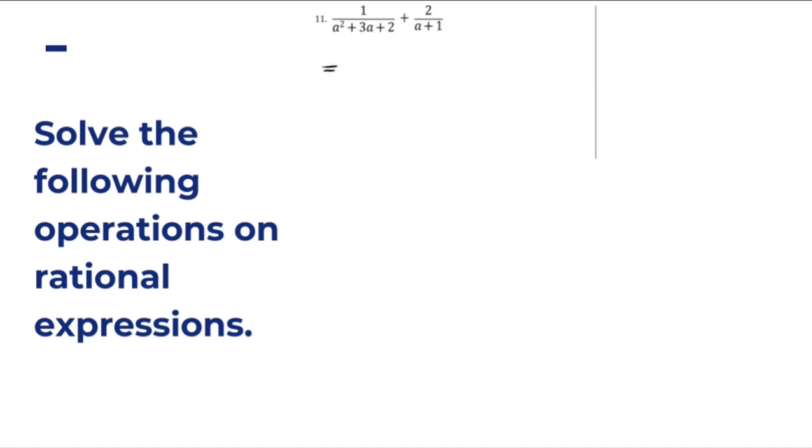So this will just give us 1 over the factor of a squared plus 3a plus 2, which can be found using SPP or sum and product pattern, which is a plus 1 over a plus 2. And then for the second one, we have 2 over a plus 1, which can no longer be simplified.